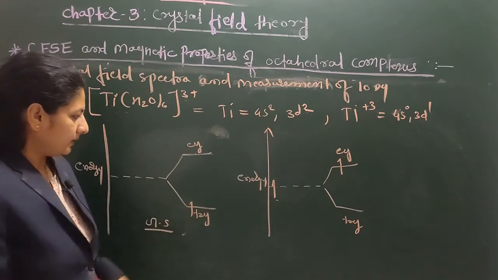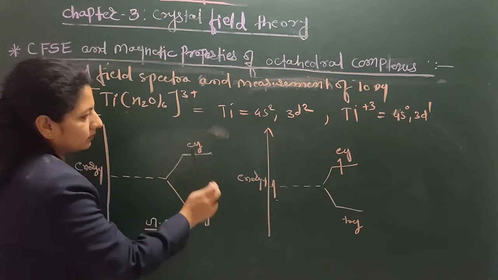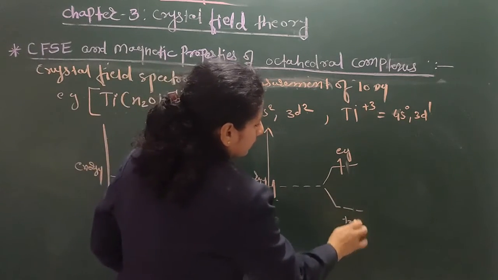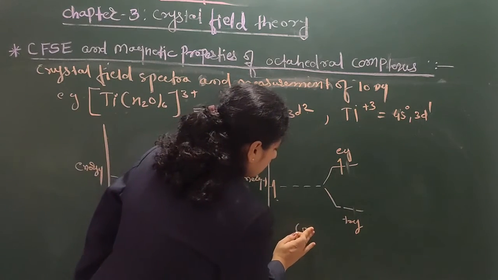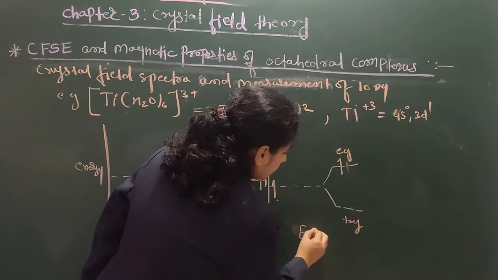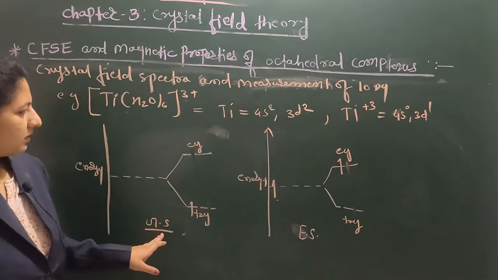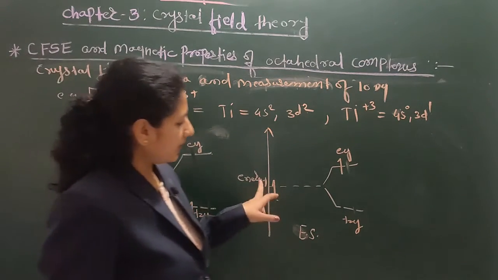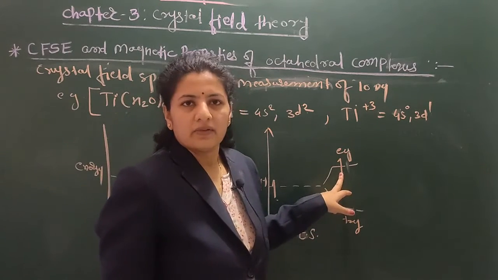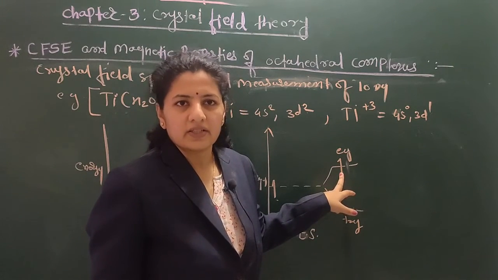So the electron in the ground state will be excited to the higher energy Eg level in the excited state.